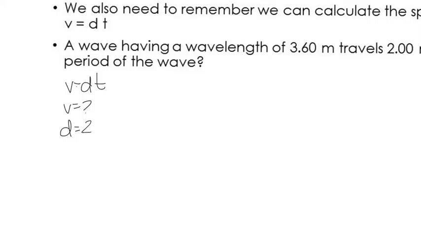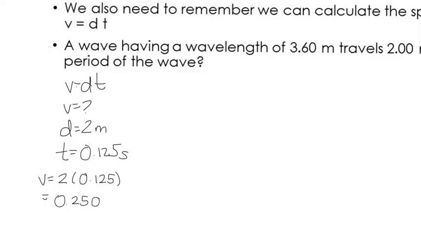So D is 2 meters, the t equals 0.125 seconds. So we can sub in. V equals 2 divided by 0.125 equals 0.250 meters per second when I sub it into my calculator.